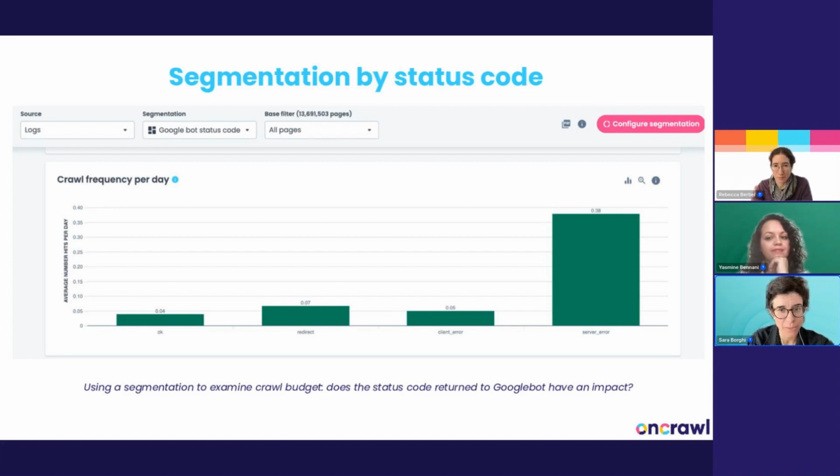So again, this gives you an insight that the status code returned has an impact, because a lot of the pages that Google tends to visit more return a server error. So this is something that immediately demands some attention and some further analysis.